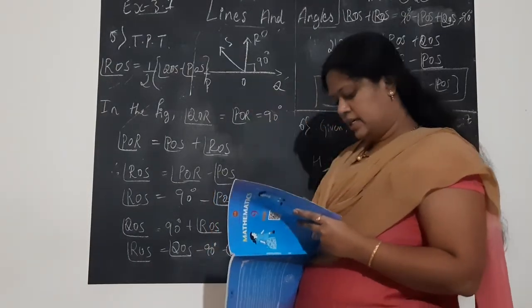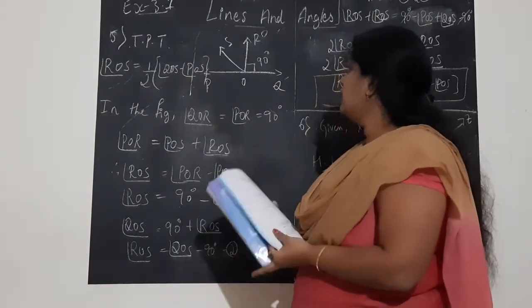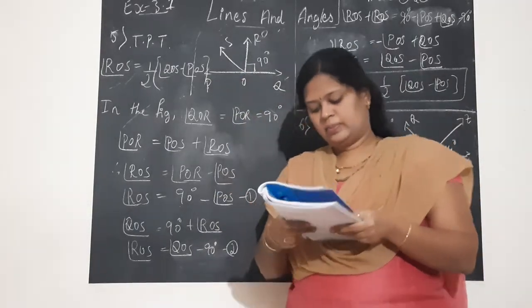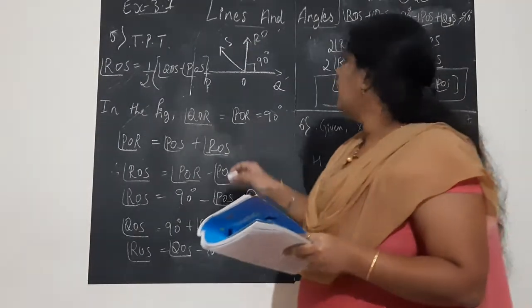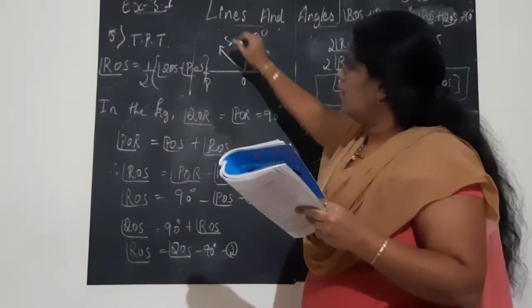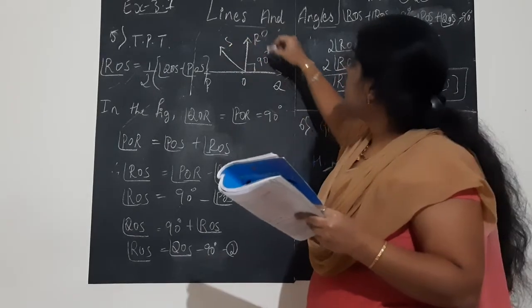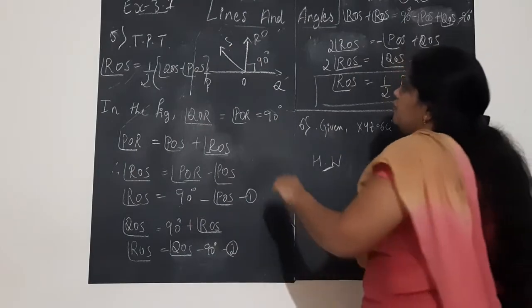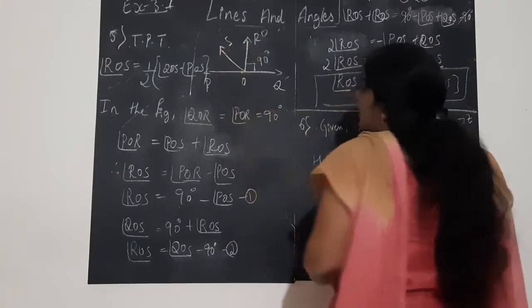OS is another ray lying between the rays OP and OR. Yes, of course. Prove that angle ROS is half of QOS minus POS. We need to prove each small angle, that is ROS.